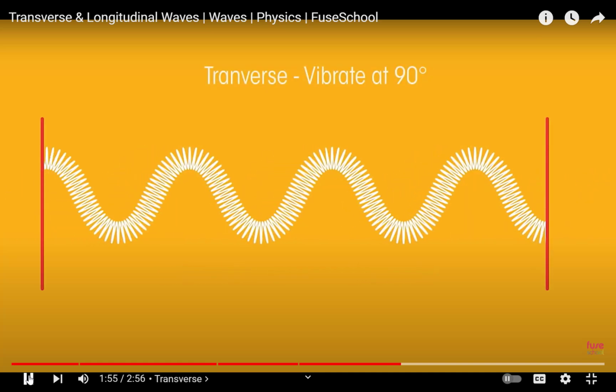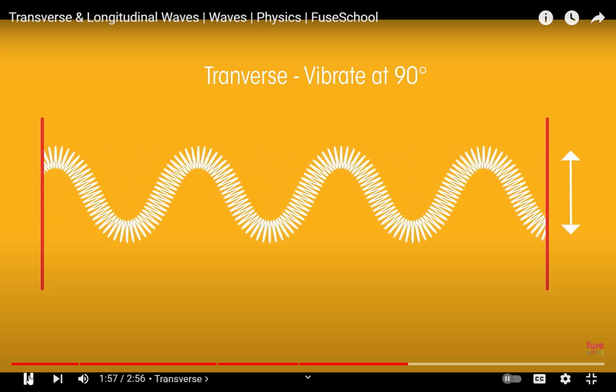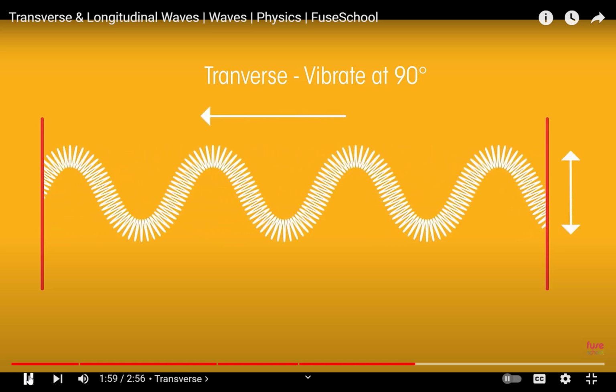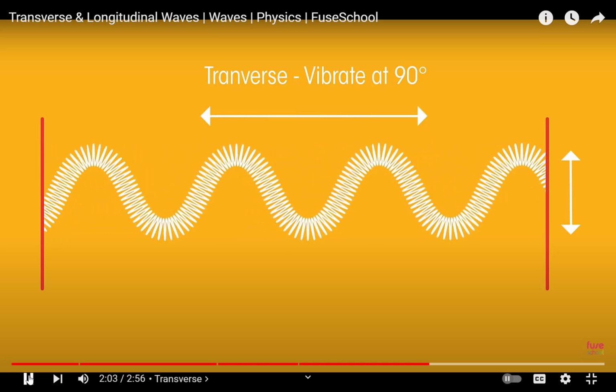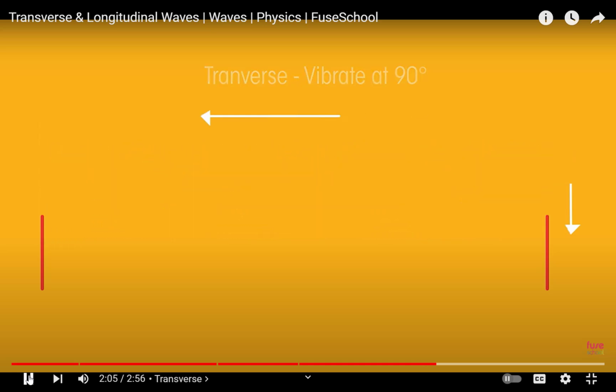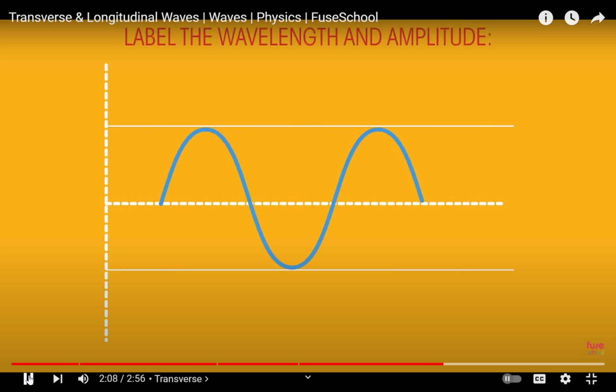Whereas in transverse waves, the hand moves up and down, but the wave energy still moves horizontally. Again, the ends of the slinky never leave the hands holding it. It's just the energy that moves along. Transverse waves are usually used to show the wavelength and amplitude. Pause the video and see if you can remember how to label the amplitude and wavelength.